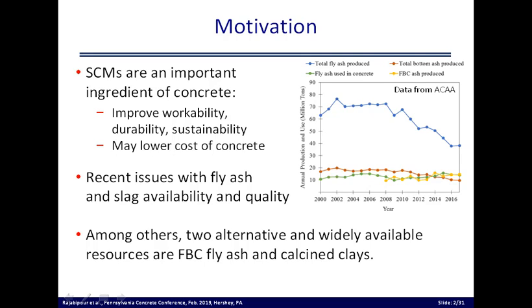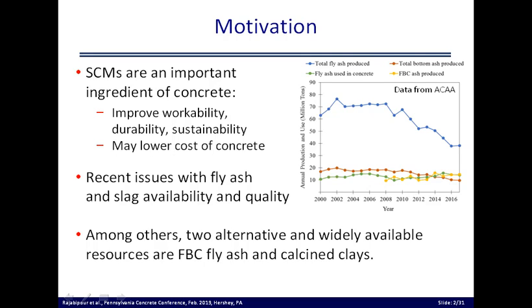There also has been a recent AASHTO survey of all state DOTs, and over 80% of state DOTs indicated facing issues with fly ash availability in the last 4 years. So in the 4 years that study investigated, which was 2012 to 16.